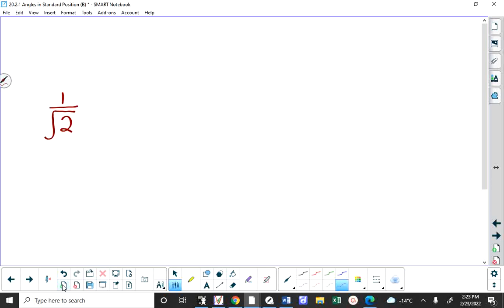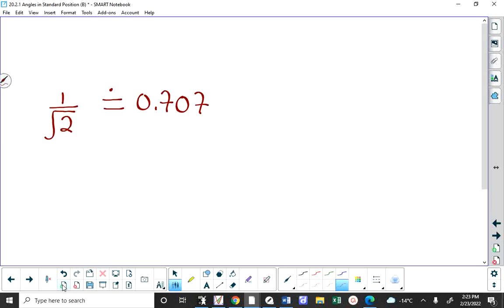You should get approximately 0.707. Am I right? You see that little dot I put over the equal sign? That means approximately. It means it's not equal to that. It's approximately equal to it.